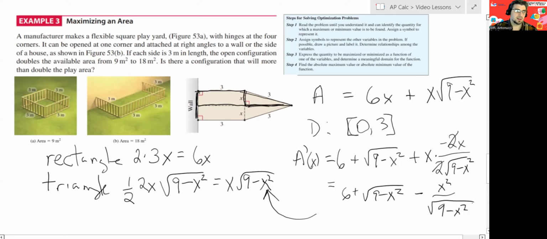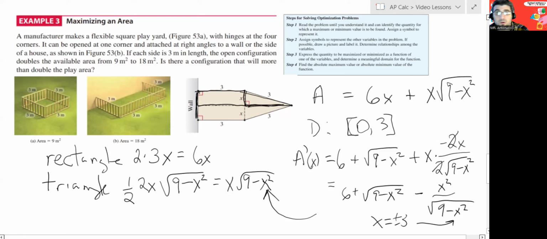Now we could do some algebra and simplify that, get a common denominator, and add and subtract and everything like that. But we want to figure out where the critical numbers are, where a prime is either equal to 0 or undefined. And we can see right away that the function is going to be undefined when x equals plus or minus 3, because that makes the denominator of the radical equal to 0.